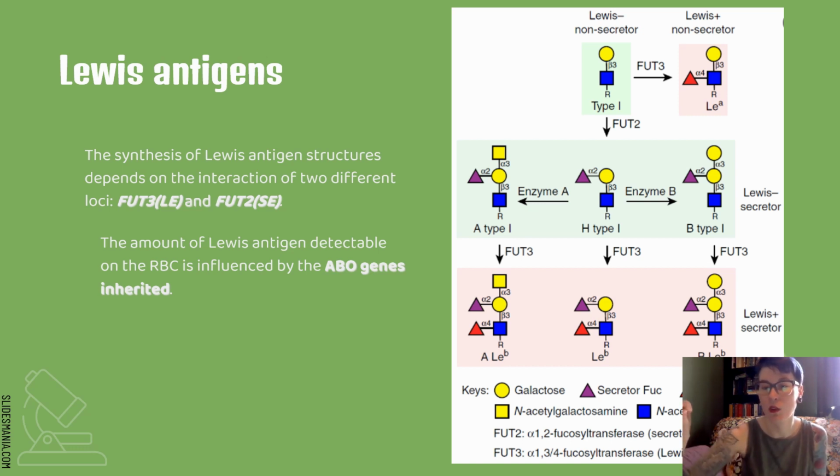And if you are Lewis positive and non-secretor, you will have Lewis A present. However, if you are Lewis and secretor genes are present, then you will have Lewis B. So just look at this image. I think it's very nice and explanatory.